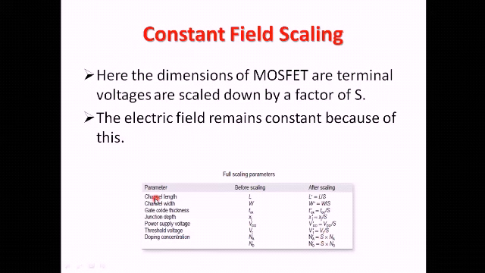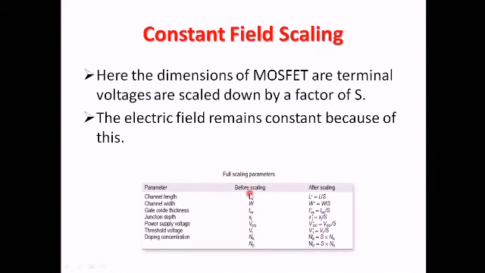So you can see that the channel length, channel width, gate oxide, junction depth, power supply, and threshold voltage, all these are being scaled down. But the doping concentration, Na and Nd, they are increased by a factor of S. Why are they increased? To maintain the field conditions in case of the Poisson's equation.